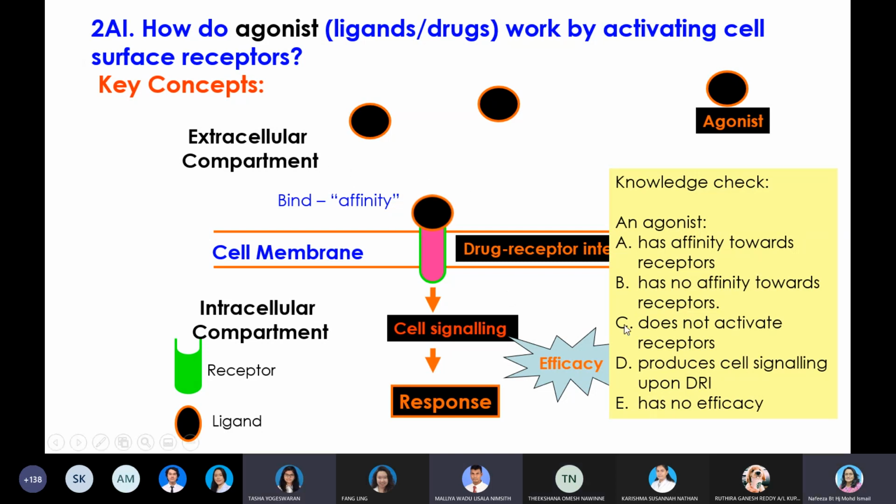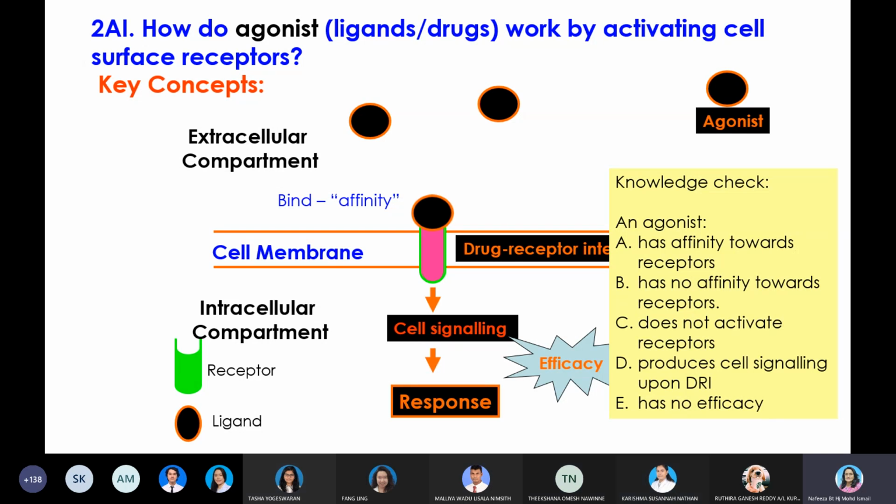Wrong. An agonist does not activate receptors is wrong. An agonist produces cell signaling upon drug receptor interaction, right or wrong? Right. No efficacy, right or wrong? Wrong. Very good. So you've understood.